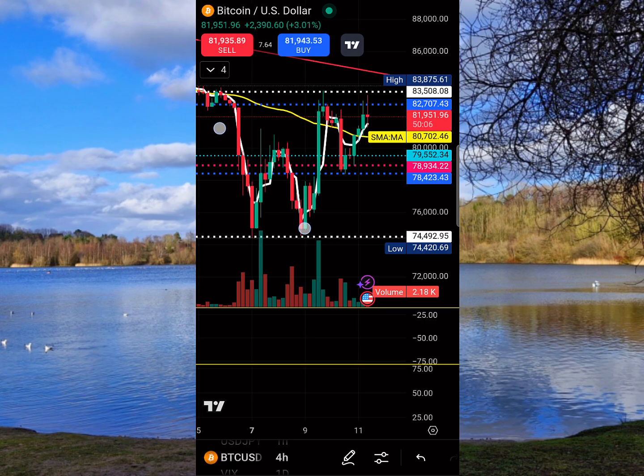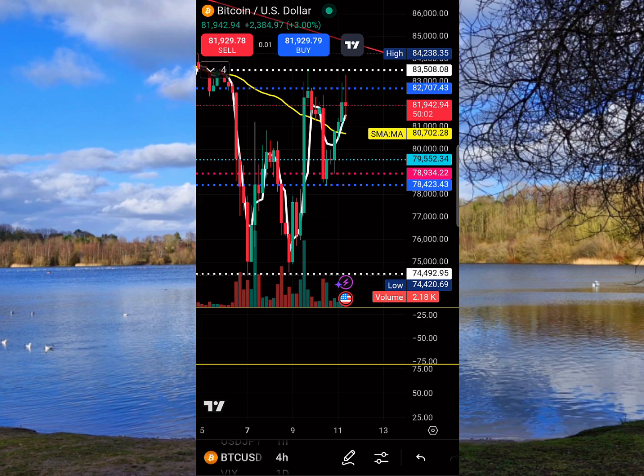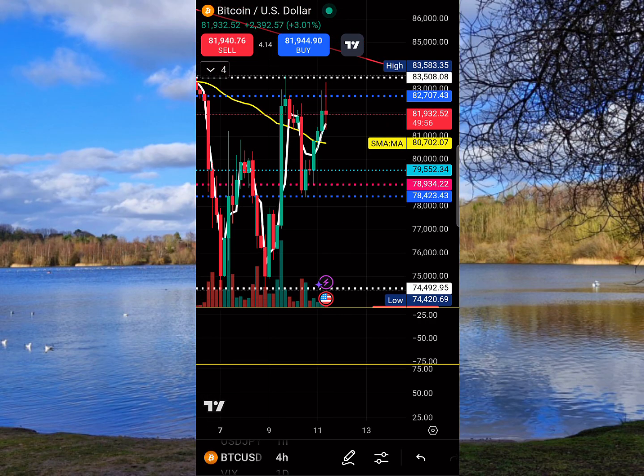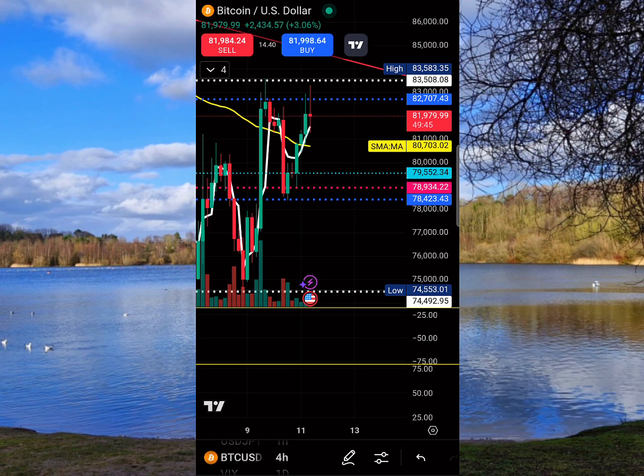Yesterday's price action is within the blue dots. So the range within the blue dots is yesterday's price action, and today it is still following that range. It's still within yesterday's price range, if you see what I'm saying.